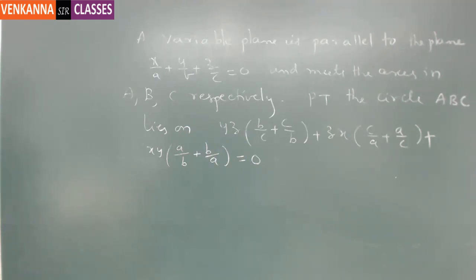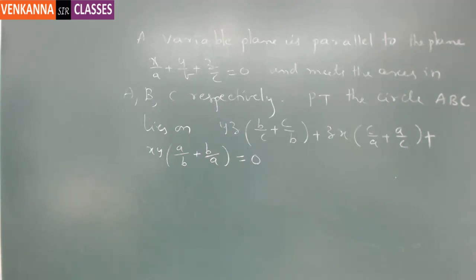Right. So here it is given that you consider a variable plane, the plane which is moving in space, and the variable plane is parallel to this one. This is a plane passing through the origin. And the variable plane intersects the axes in the points A, B, C respectively. So you will get a circle which passes through the points A, B, C. So you have to show that the circle satisfies the equation. That was the objective of the question.